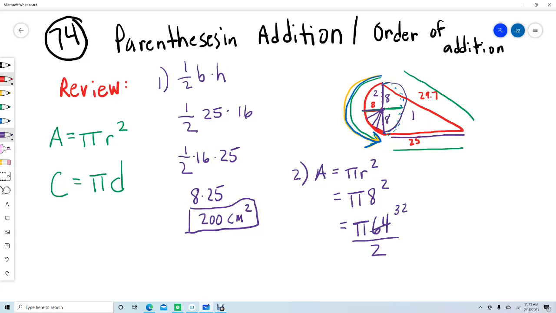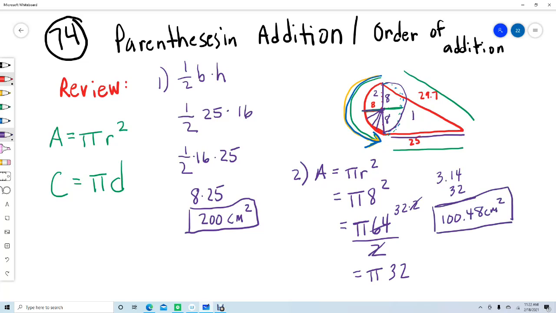I'll do some canceling. Cancel those 2's. So I just have to find out what pi times 32 is to find out the square area of my semicircle. I did multiply that out already. I did multiply out 3.14 times 32, and that is 100.48 centimeters squared.